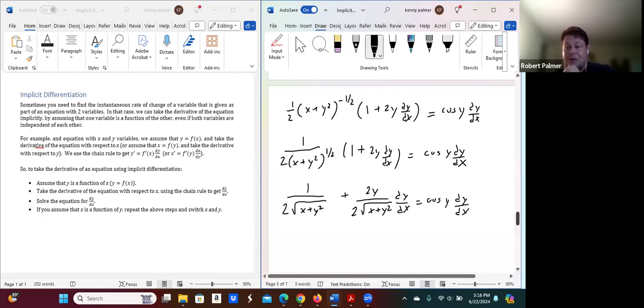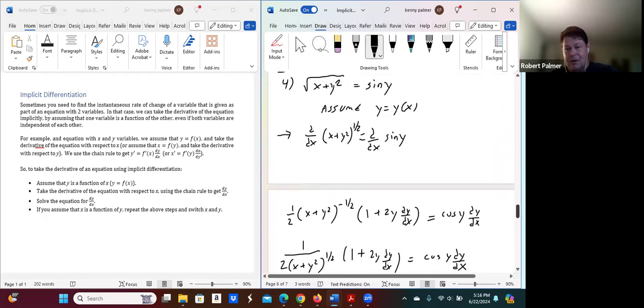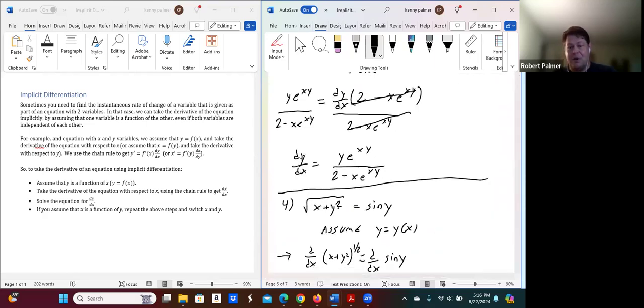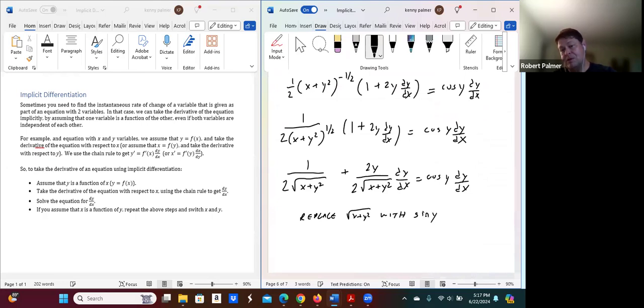Now, I'm also going to do something else that's going to make this a lot easier to work with. Let's go back and take a look. Our equation we start out with said the square root of x squared plus y squared is the sine of y. We can use that here, because that's something that's been established. I can replace the square root of x plus y squared with the sine of y.